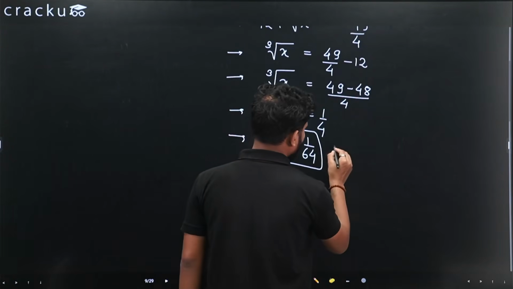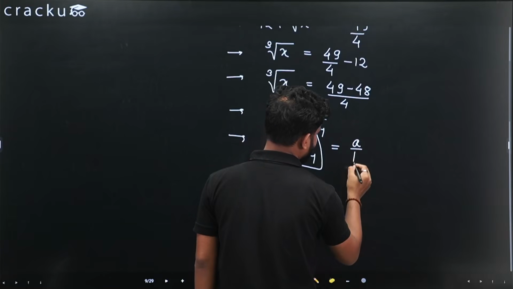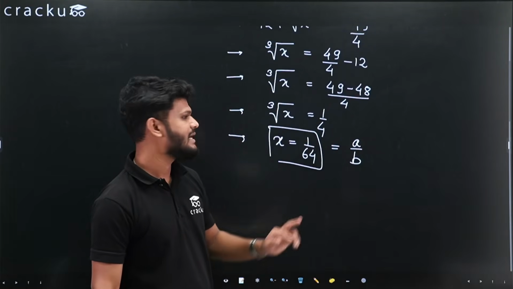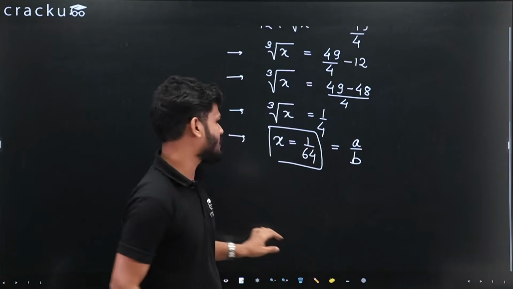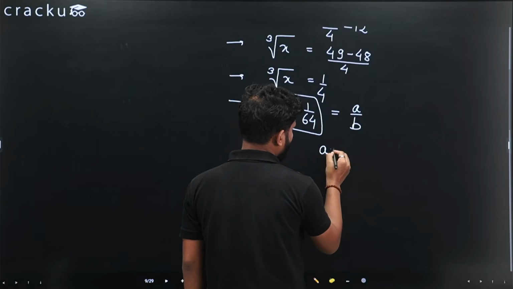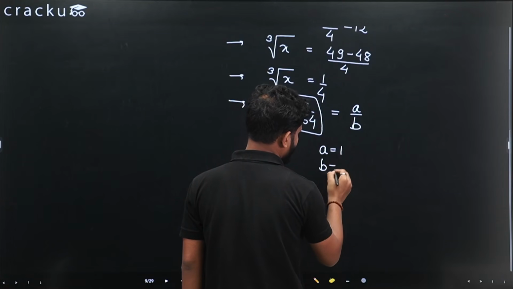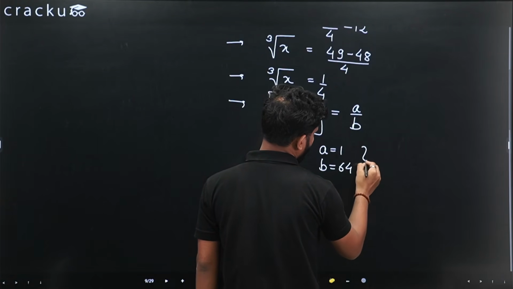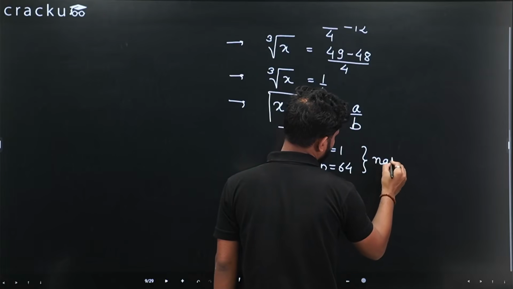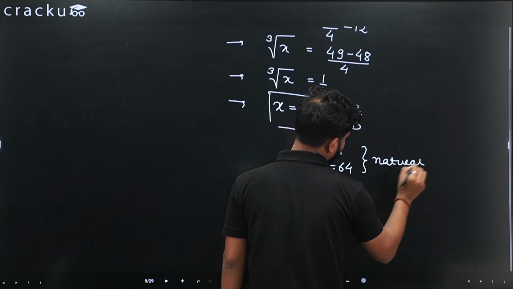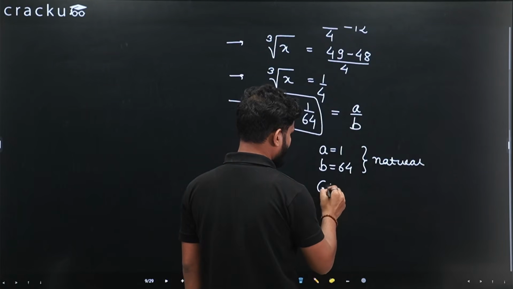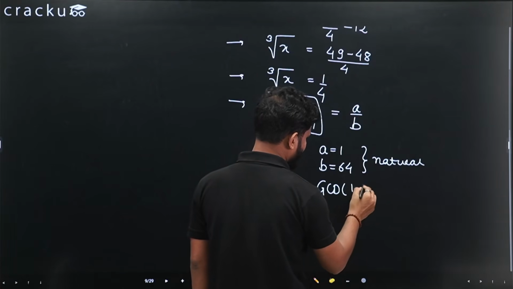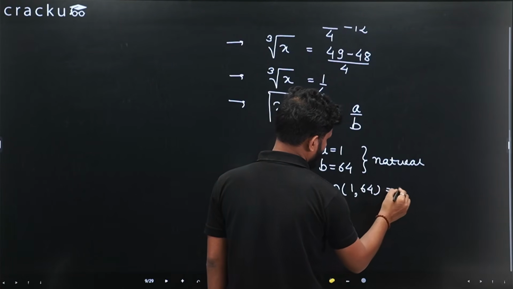And this is equal to p by q, such that p and q are natural numbers and GCD of p and q is 1. So if you put p is equal to 1, q is equal to 64, then both of them are natural numbers, and GCD of 1 and 64 is also 1.